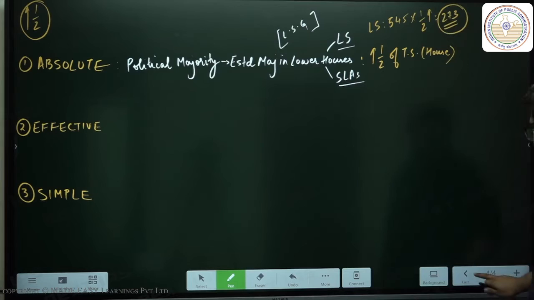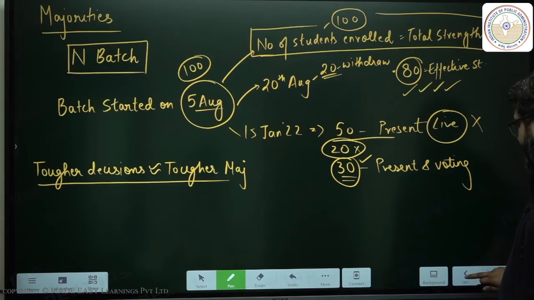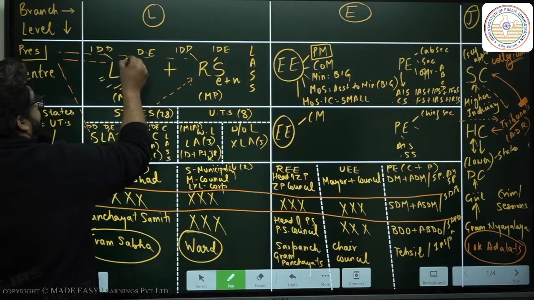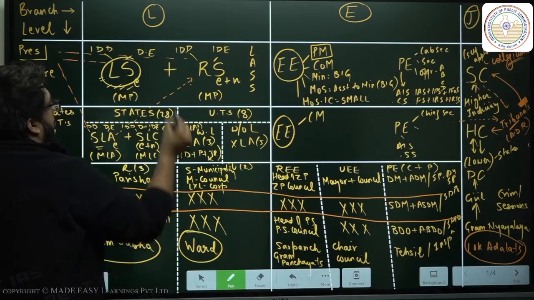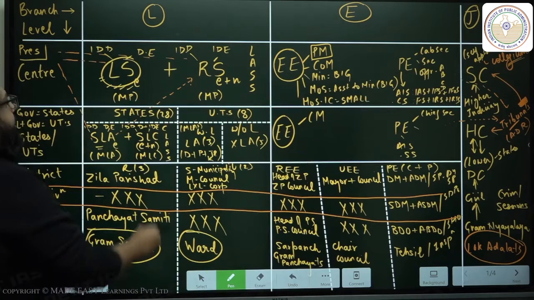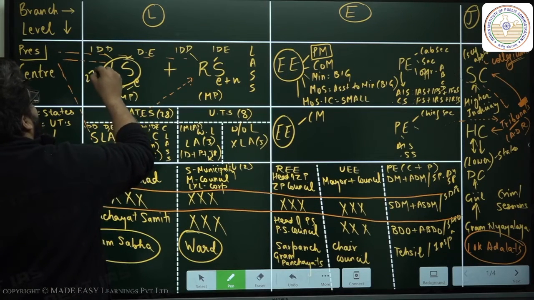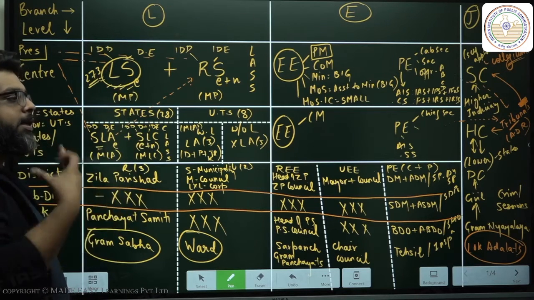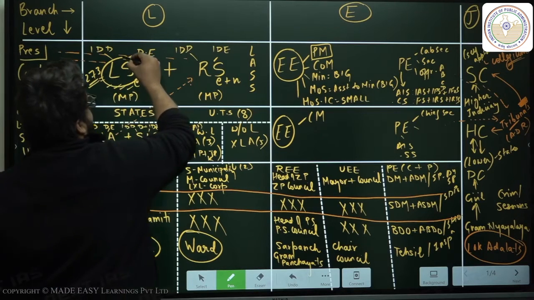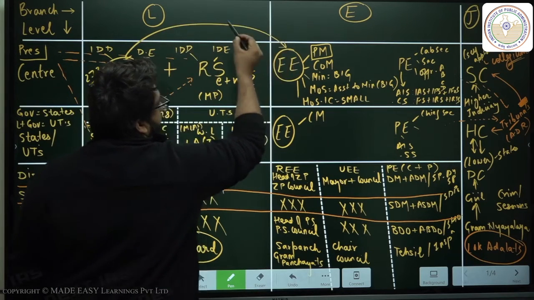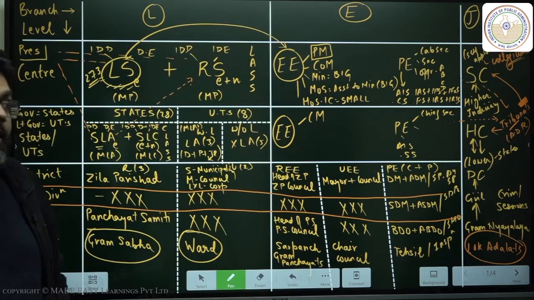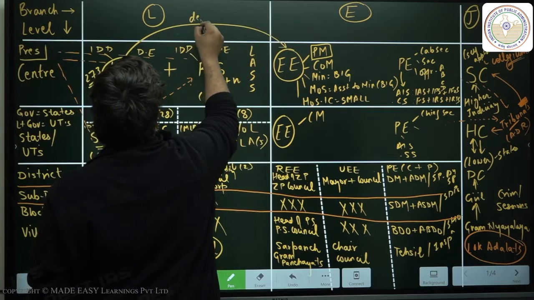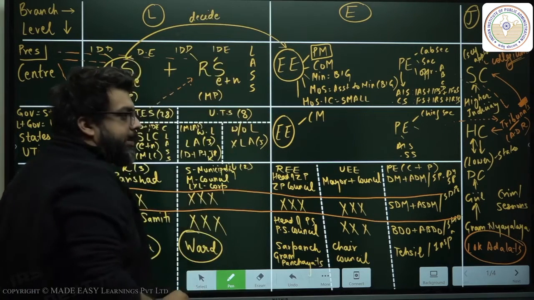This means, and I'll take you to the board, whichever party or combination of parties is able to get a minimum of 273 MPs belonging to that combination or that single party, they will be able to decide who gets to be a minister.